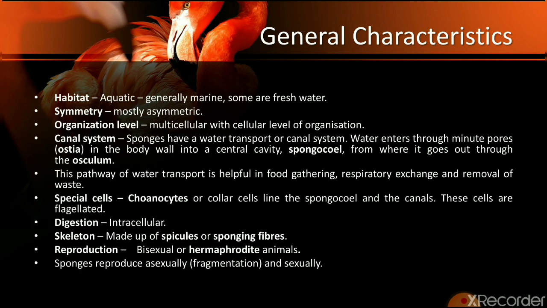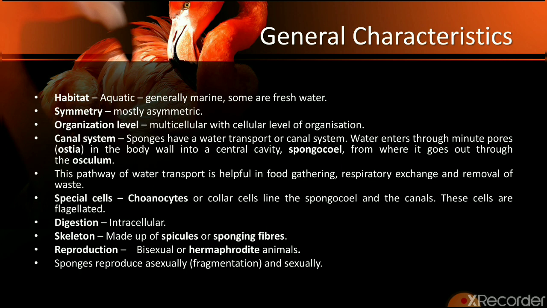Poriferans are usually bisexual or hermaphrodite, and they can reproduce by both sexual and asexual methods. They show indirect development. It means a well-developed larval stage is present in the life cycle of the organisms.